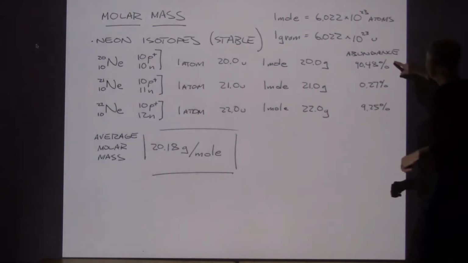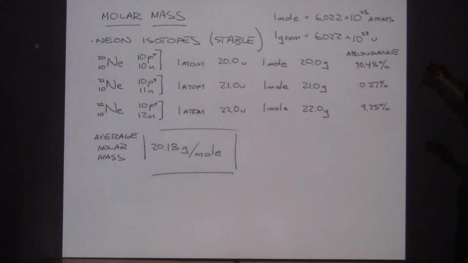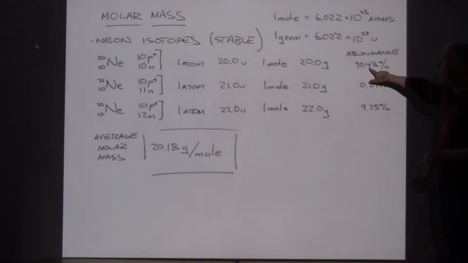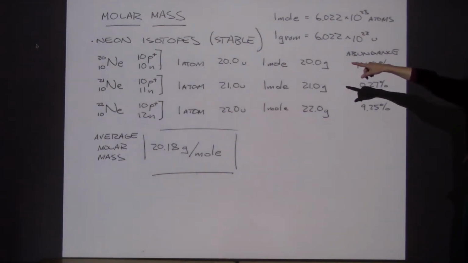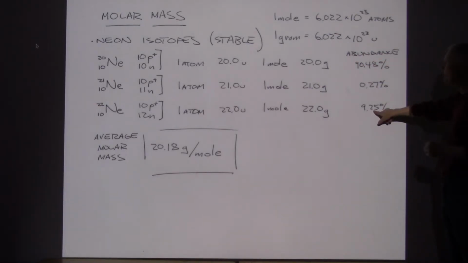So of each of these isotopes, it turns out that 90%, or better than 90%, of the neon naturally occurring in nature is the neon 20 isotope. A little more than 9% is neon 22, and less than 1% is neon 21.